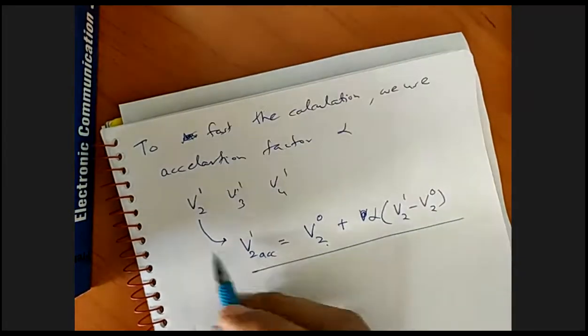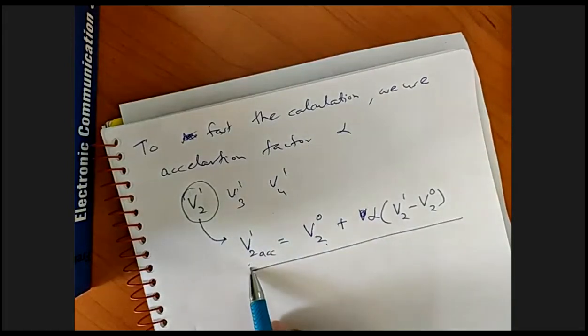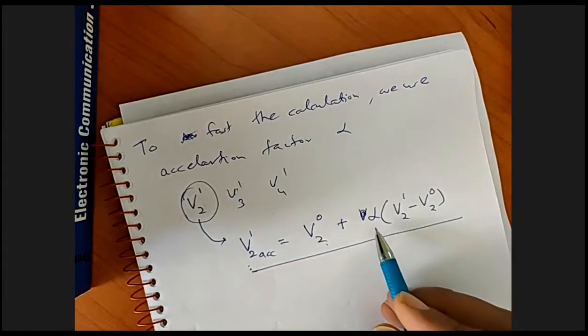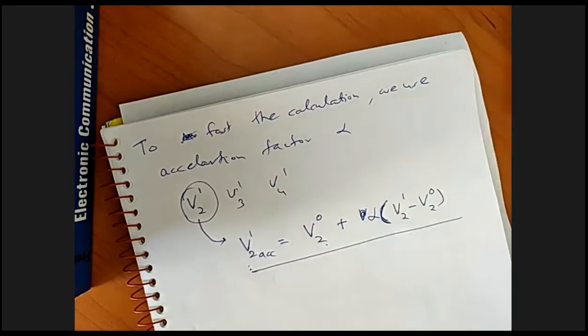So instead of using V21, we will be using V2 accelerated. In this, we have added a factor through which we have modified our speed of calculation. It will increase the speed of calculation and the answer will be reached fast. So this is how we will be doing the Gauss-Seidel method.